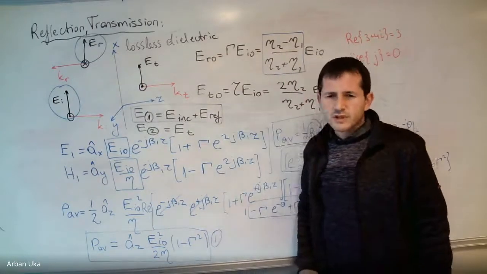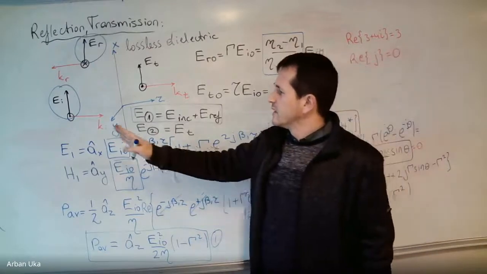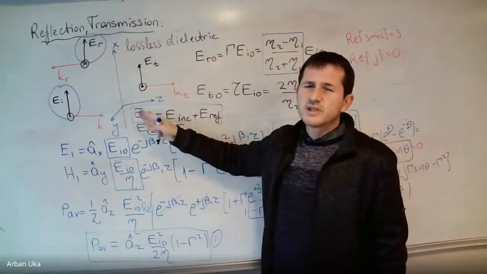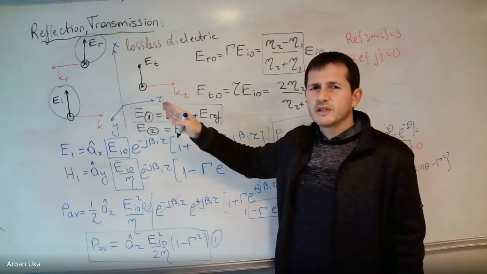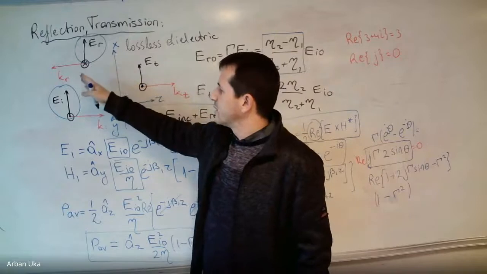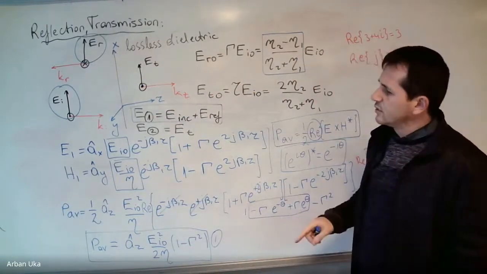It would be equal to 0, because we would have a standing wave. That would mean that the amount of energy which is incident on this interface, which is separating air from a conductor, from a piece of metal, will be reflected backwards in the same way. So the time average power density would be 0 in that case.